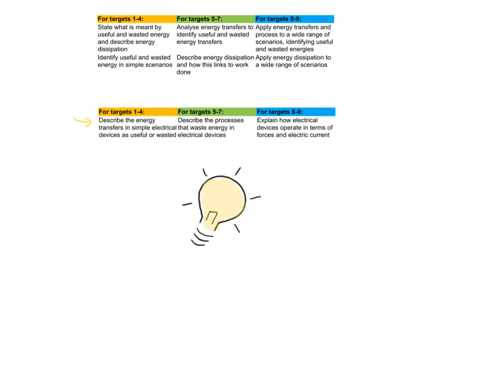It says, describe the energy transfers in simple electrical devices as useful or wasted. So I put a light bulb there because that's one of the easiest ones to relate to. What do we want from a light bulb? We want it to light up, so we want it to emit visible light radiation. When we do touch a light bulb, though, you feel the light bulb getting hot.